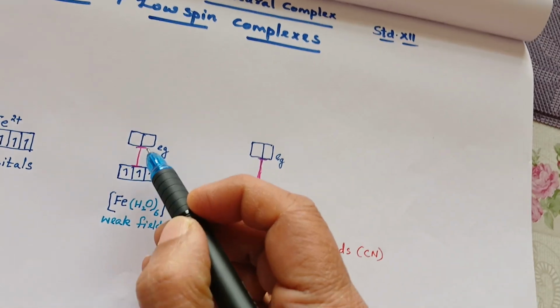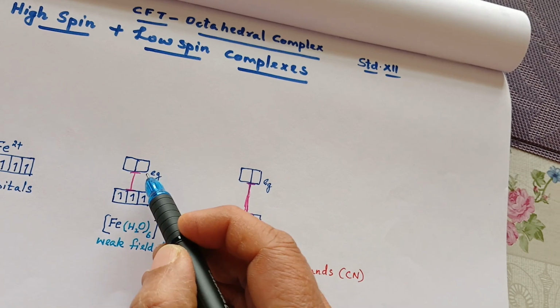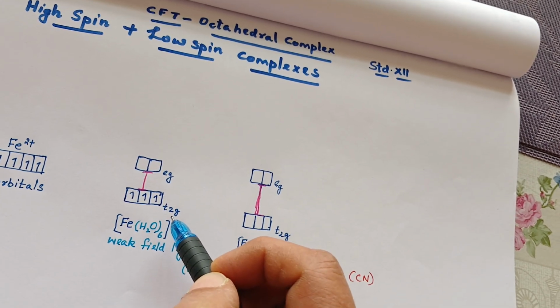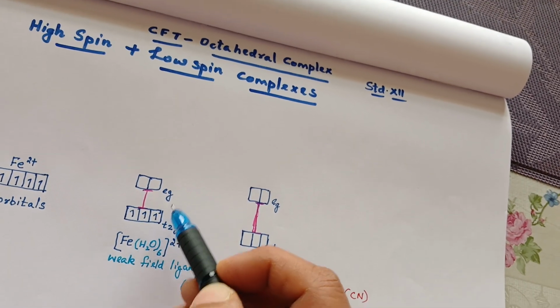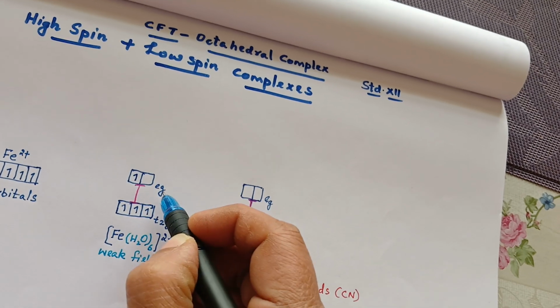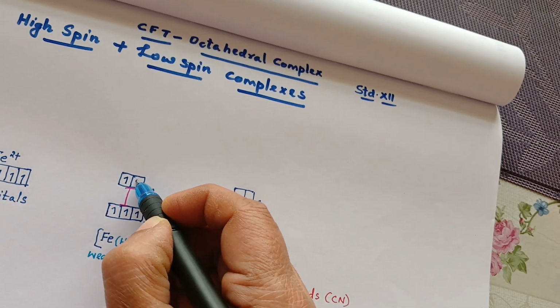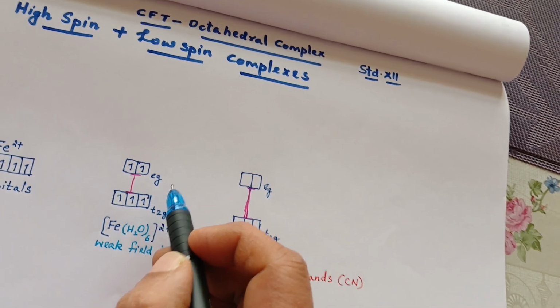Here you can see that the splitting energy, or the energy difference between the T2G set and the EG set, is less. So the fourth electron will go to the higher level of EG set, and the fifth electron will also be there in the EG set.